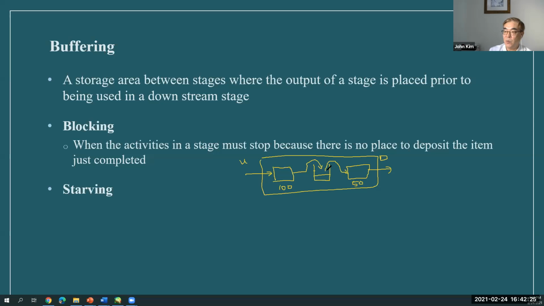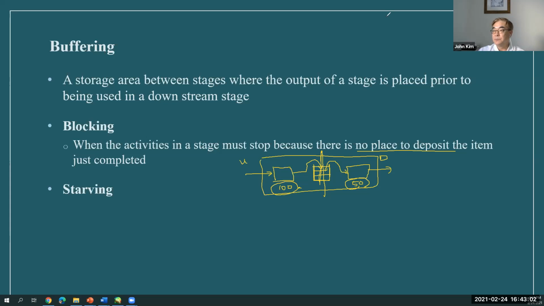So every hour, 50 pile up. Later, if there is not enough buffer size, or no buffer, there is no space to deposit. Then this process stops because of uneven capacity. No place to deposit, so it stops.